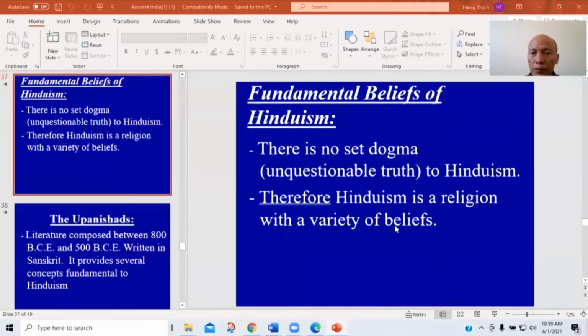So the fundamental belief of Hinduism is that there's no set dogma. Actually Hinduism is a set of beliefs with many different principles and theories, and basically they don't have any founders.